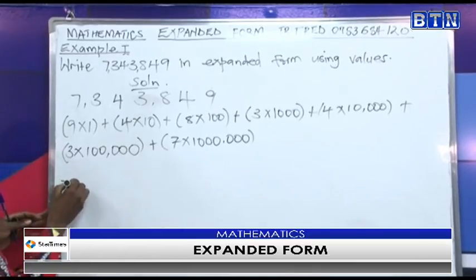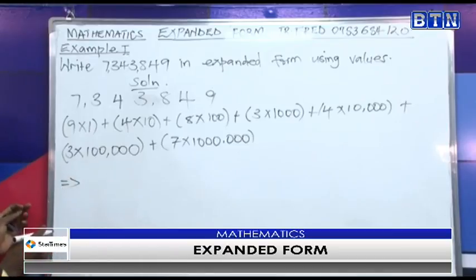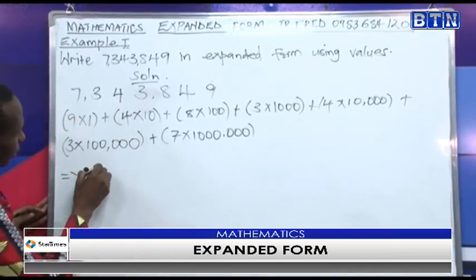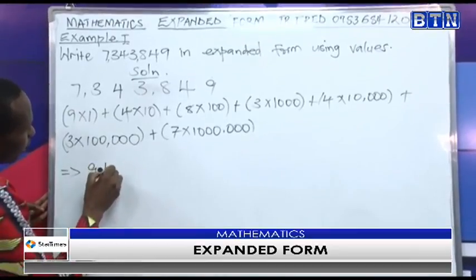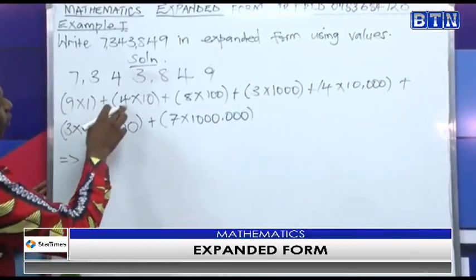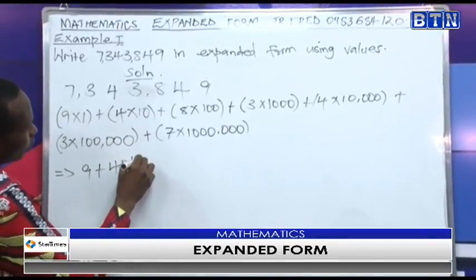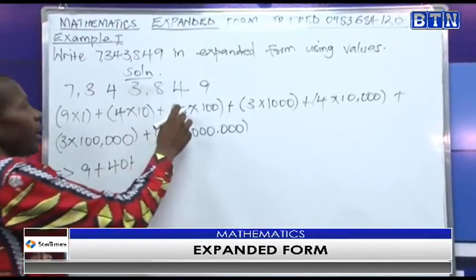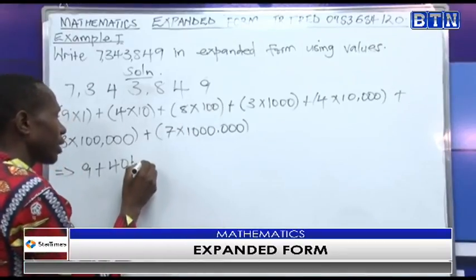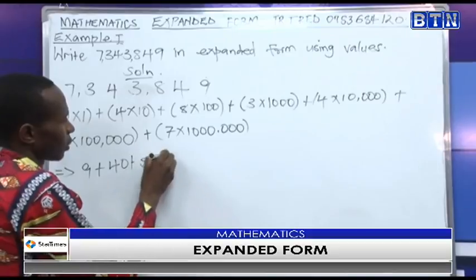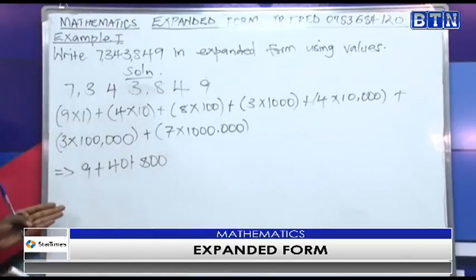The last step, we are going now to multiply everything out. We shall say 9 times 1, it will give us 9 plus, we have 4 times 10, it will give us 40, plus 8 times 100, it will give us 800. So we are now opening brackets.